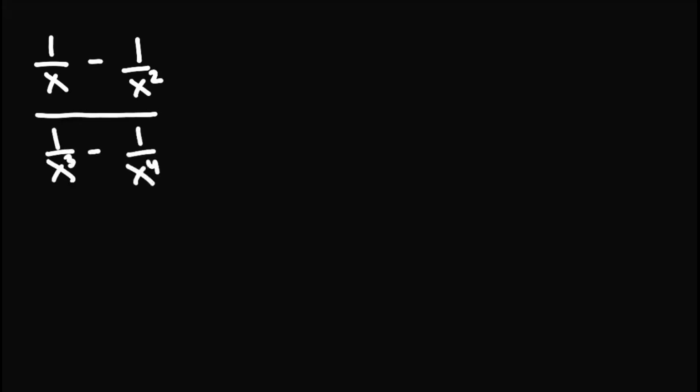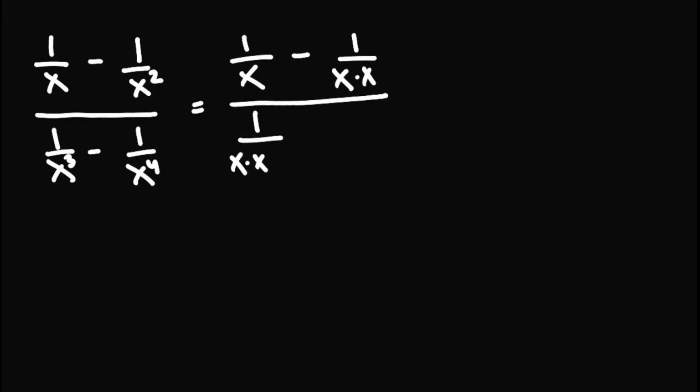Let's have this third example. Let's have 1 over x minus 1 over x squared all over 1 over x cubed minus 1 over x raised to 4. For this one, note that we can write this as 1 over x minus 1 over x times x all over 1 over x times x times x minus 1 over x times x times x times x.